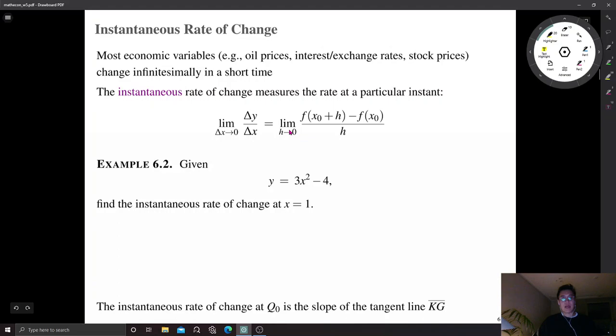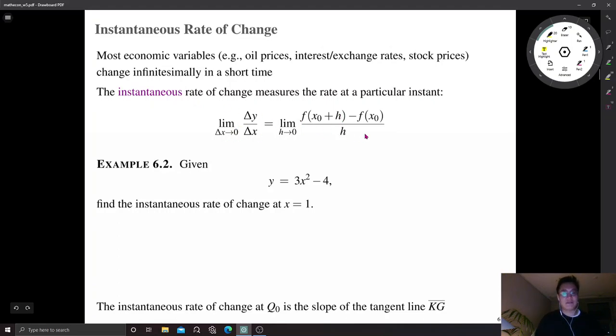Now we take the limit as this increment of x goes to 0. That is the instantaneous rate of change at some particular point x naught. We are going to study this expression over and over from this week because this is the definition of the derivative.